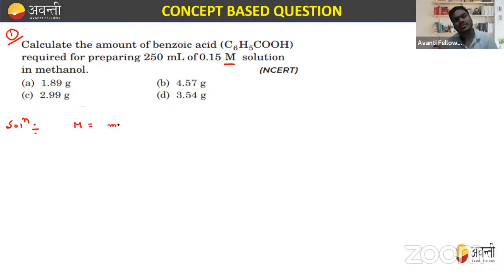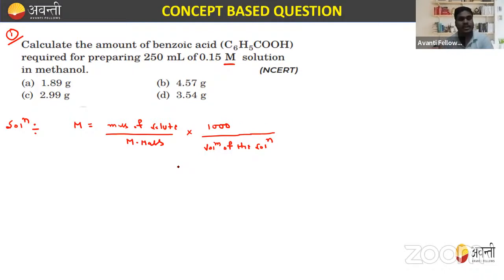Molarity is nothing but mass of the solute divided by molar mass, into 1000, divided by volume of the solution.